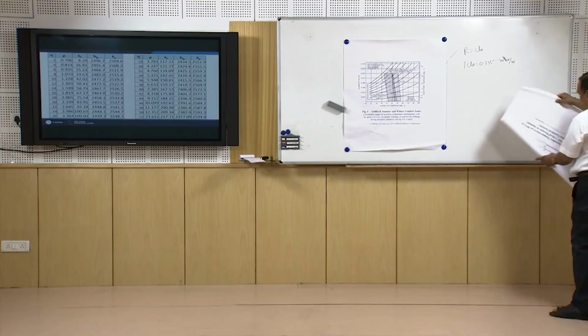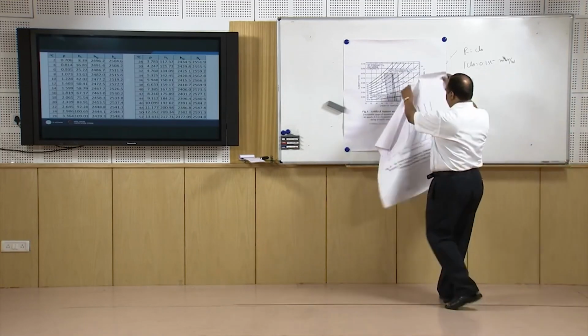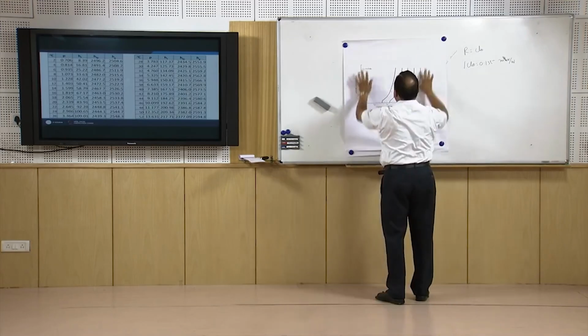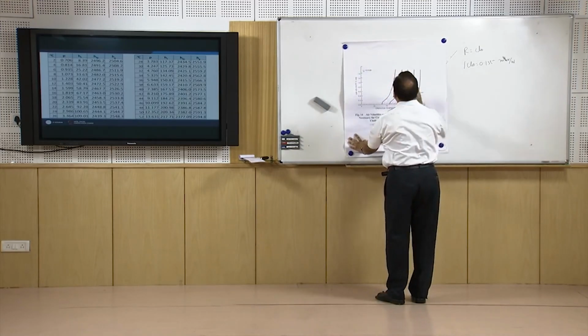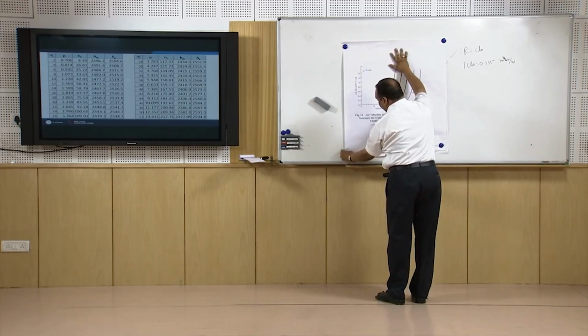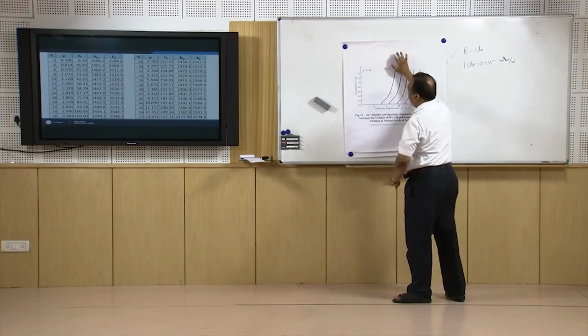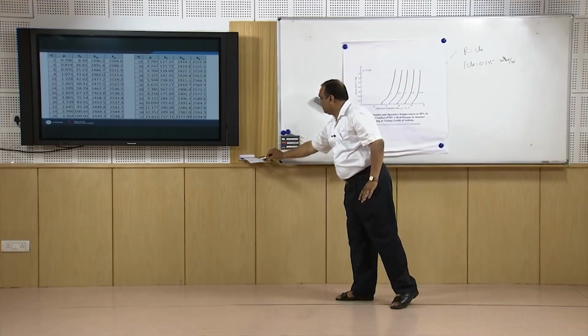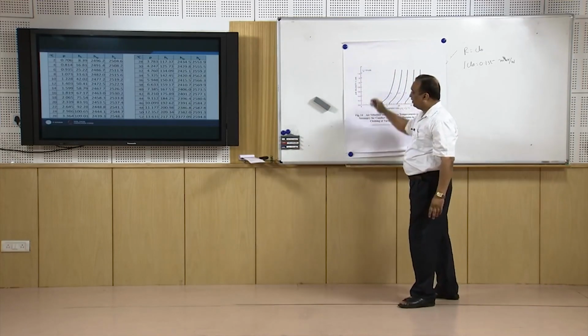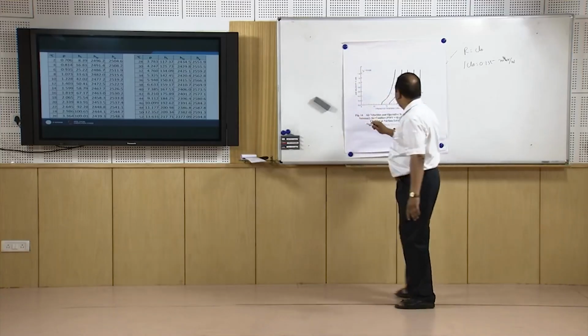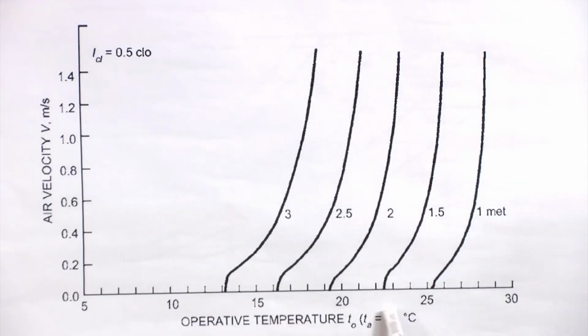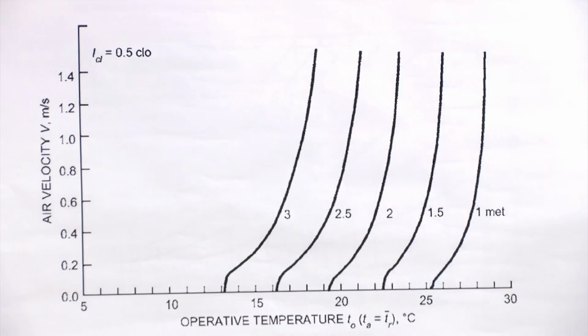Now similarly, we have another graph for air velocities and operative temperature. Now in this graph, on the y-axis, air velocity is taken, and on the x-axis, the operative temperature is taken.